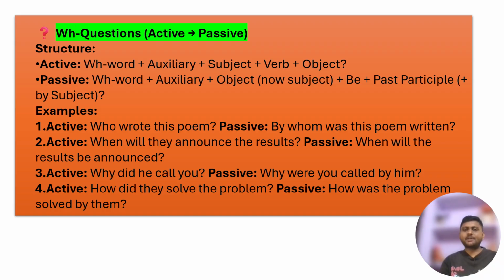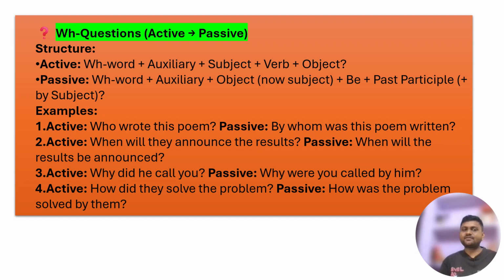So the second type of sentence is WH question, which usually begins with when, why, where, and how. The active of a WH question has a general structure, which is WH word plus auxiliary verb plus subject plus verb plus object, and of course the question mark.